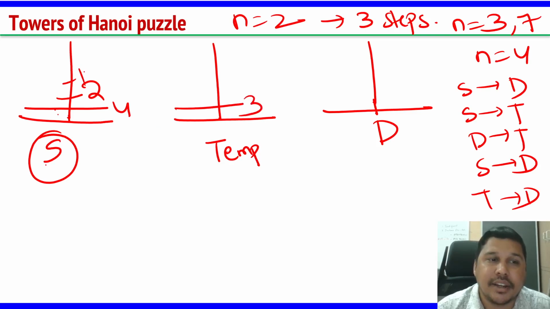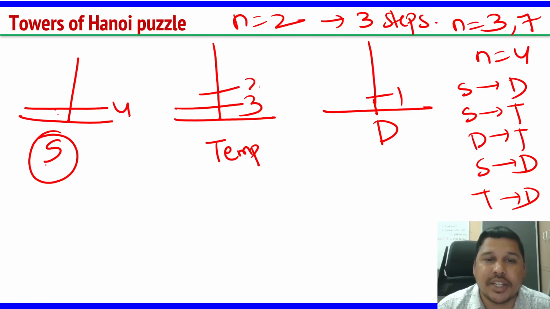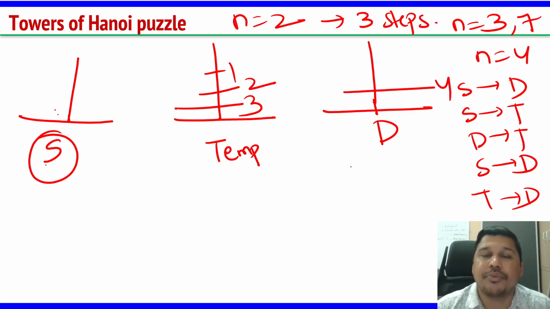right. Again you will take this 1 and place it in D, then take this 2 and place it here, then bring this 1 to here. So you completed certain steps, then the final one, that 4 goes here into the destination.